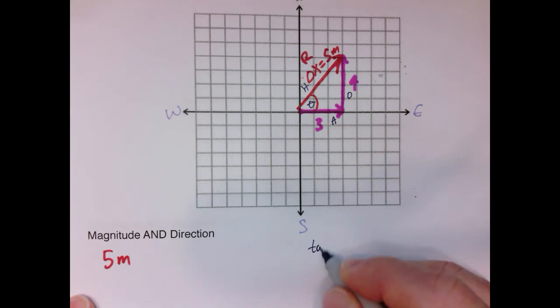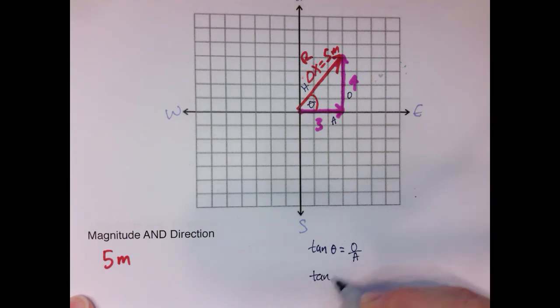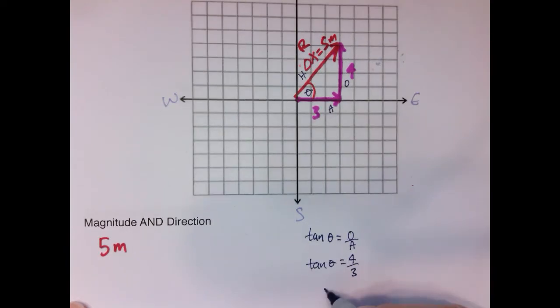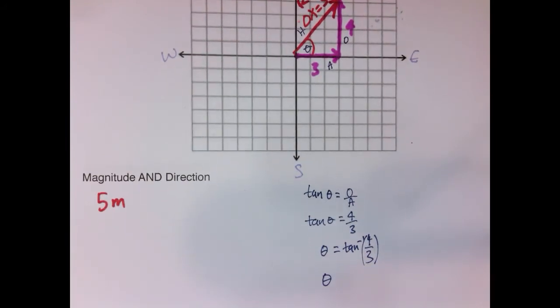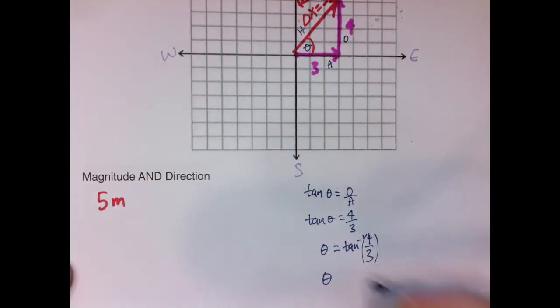So we have tangent of theta is opposite over adjacent. Tan theta is 4 over 3. And theta is the inverse tangent of 4 over 3. And the inverse tangent of 4 over 3 happens to be 53.13 degrees.